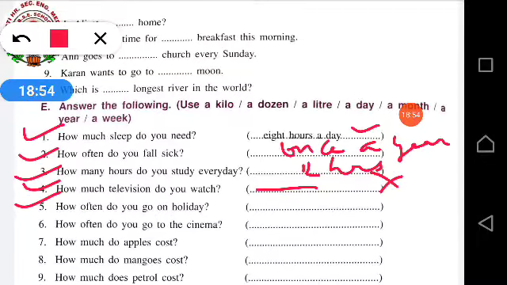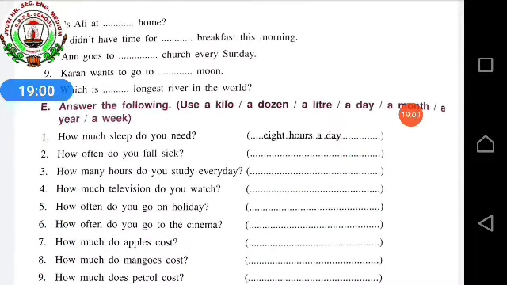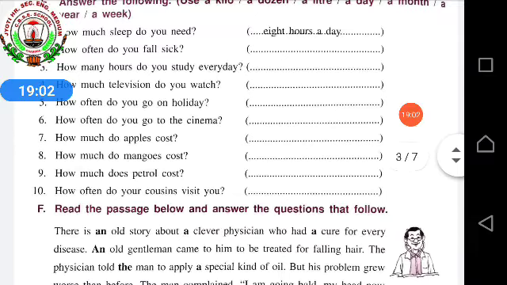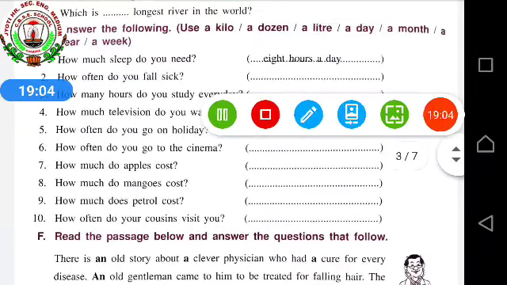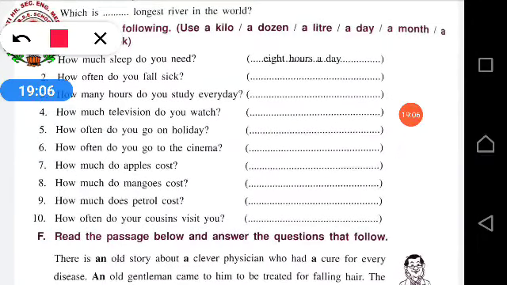In the same way, my dear children, you people will be solving 6, 7, 8, 9 and 10. Okay? I'll be reading the question for you, so just listen. Sixth one, how often do you go to the cinema? Means the movie theater. Seventh, how much do apples cost?